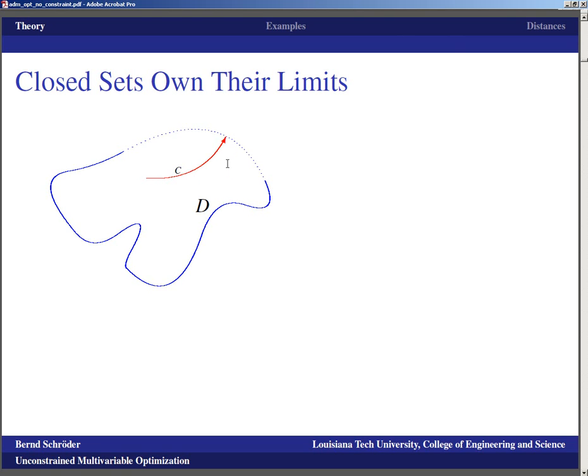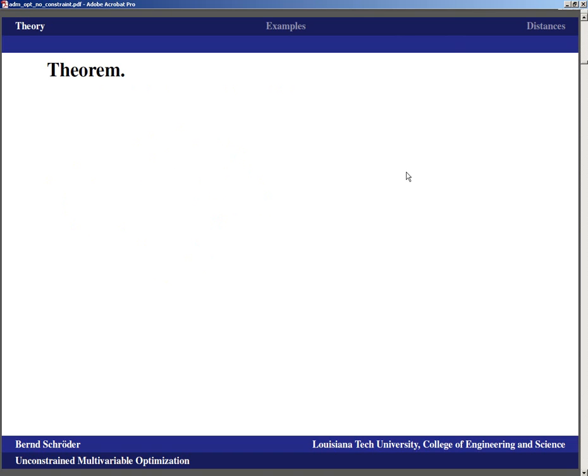So basically, a closed set is something that contains every point that the set approaches. With these two notions, we can formulate the following theorem.